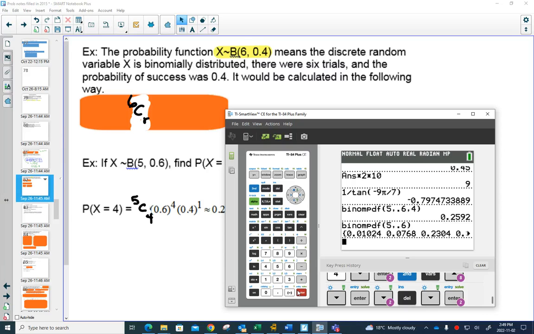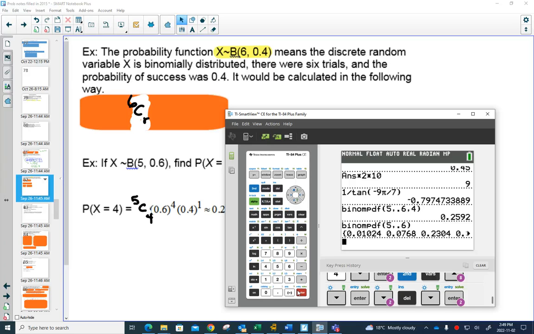Like in this question with 5 trials, can you see that you would either have 0 successes, 1, 2, 3, 4, 5? You'd have 6 possibilities in your probability distribution chart going from 0 to 5. And this calculates each of those probabilities.